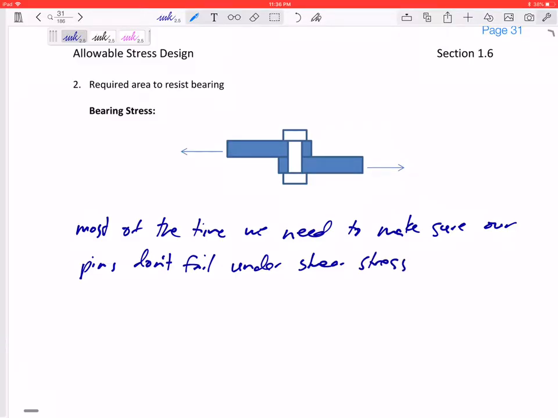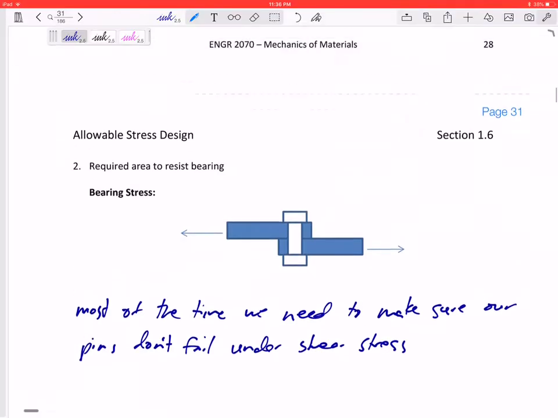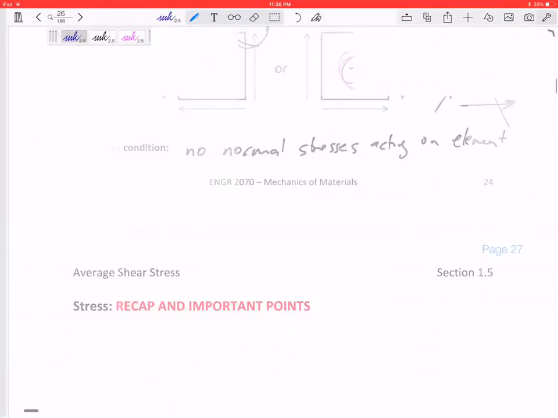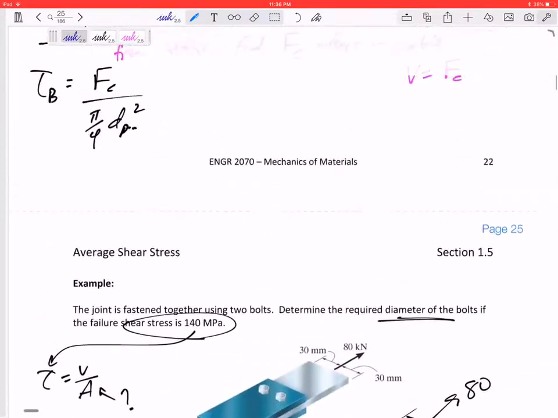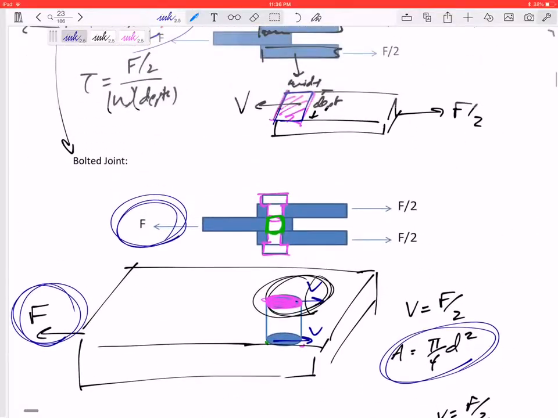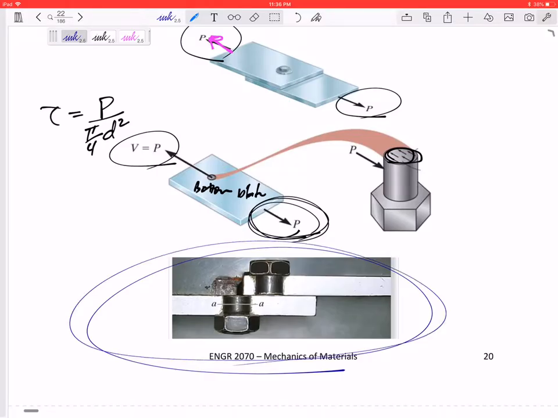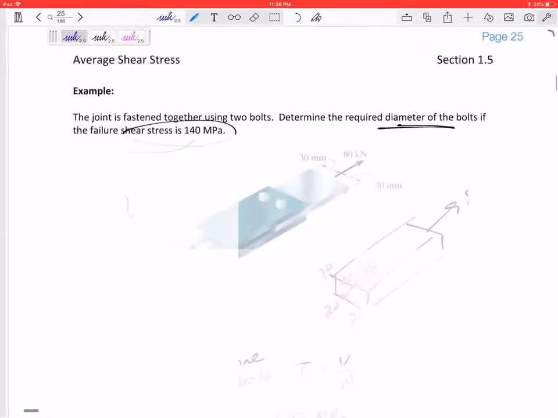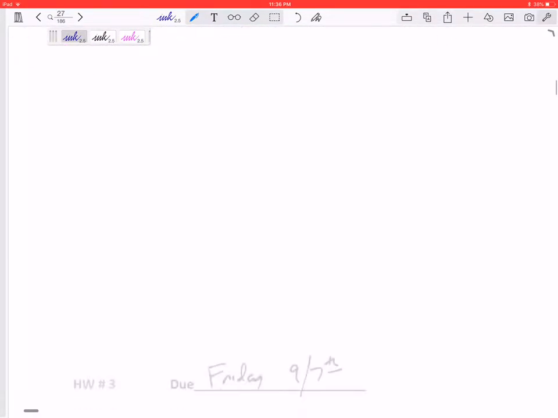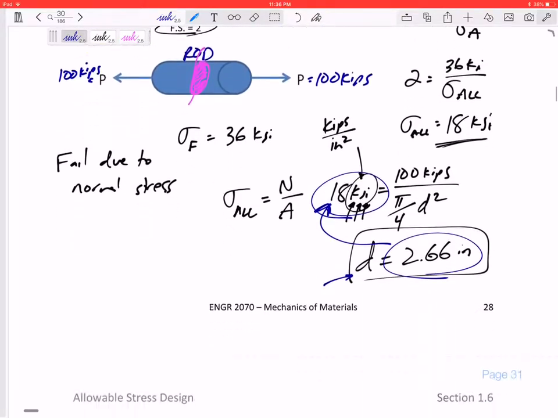We need to kind of test for shear failure. If we go back all the way back into our notes, this is probably how our pin is going to fail. So we need to calculate the shear stress, make sure the shear stress doesn't exceed the maximum or the allowable.